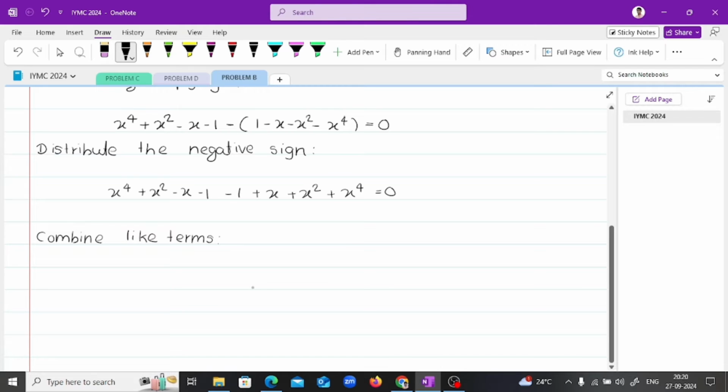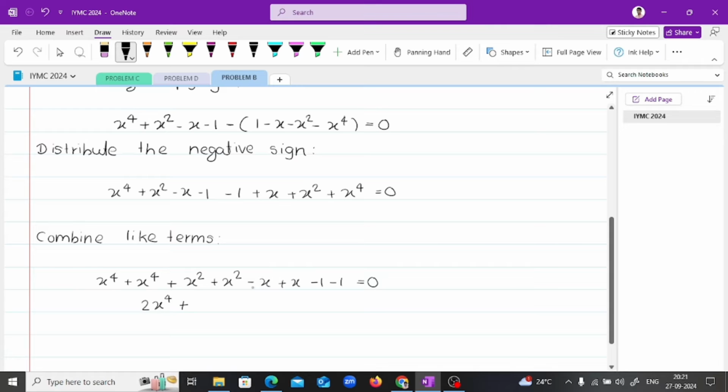So after combining all the like terms, our equation will look like x raised to 4 plus x raised to 4 plus x square plus x square minus x plus x and minus 1 minus 1 is equal to 0. This x raised to 4 plus x raised to 4 is equal to 2x raised to 4.